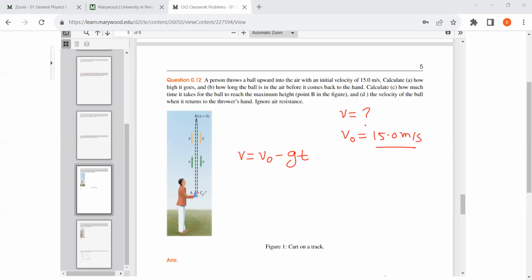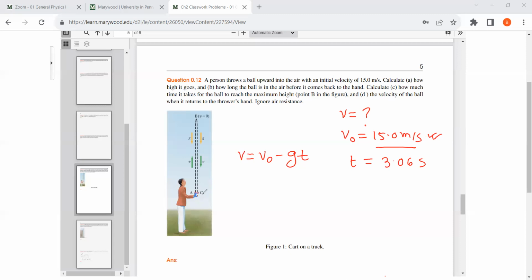Here t is the time it takes to go from A to point C. We have to be careful that t is not 1.53 second here. T is 3.06 second. That is the total time, because here the initial velocity we are using, 15 meter per second, is the ball's velocity at point A.